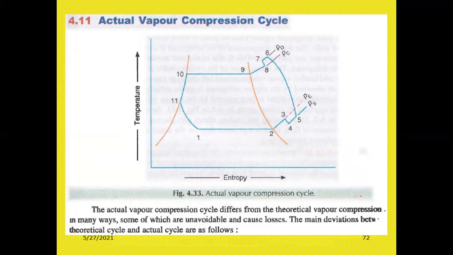The main deviations between the theoretical cycle and the actual cycle are shown here, with temperature on the y-axis and entropy on the x-axis.